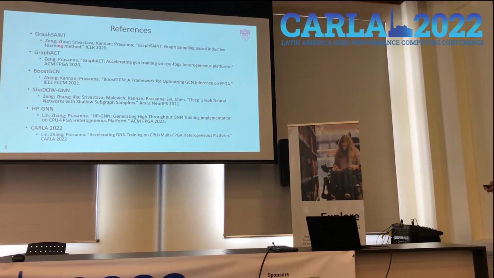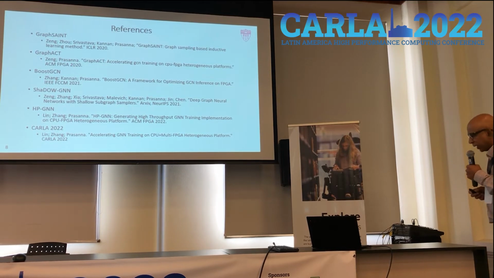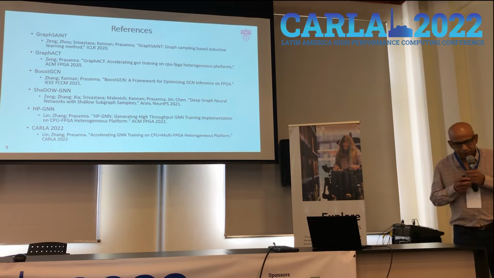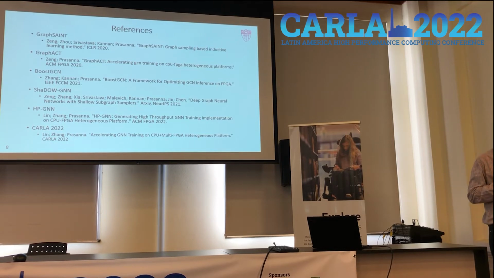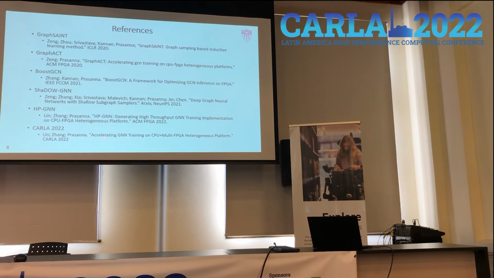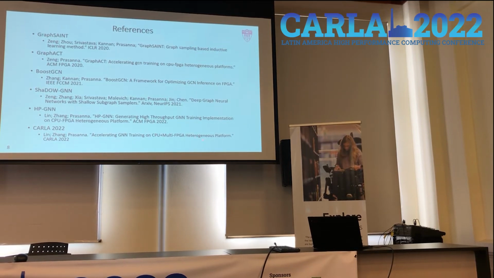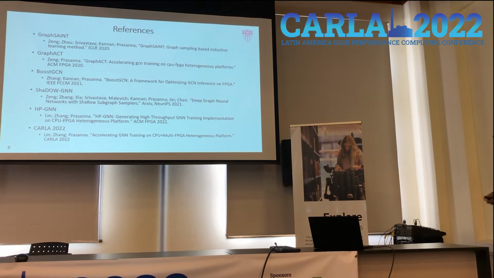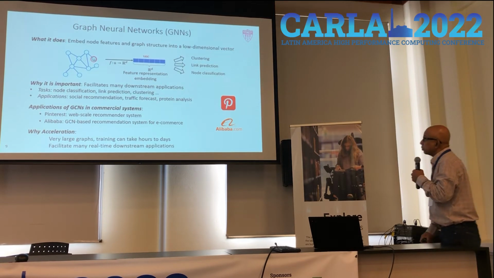We proposed various GNN models in these papers, and also looked at how to accelerate those models by using FPGAs and GPUs available in the market. This particular paper, what I'm presenting today, is focused on a heterogeneous platform, and we'll talk about why this would be useful, consisting of CPUs and multiple FPGAs, and how we get high performance in those implementations.